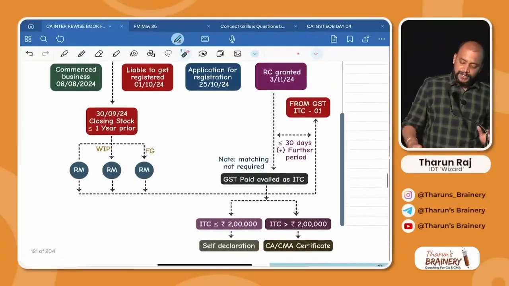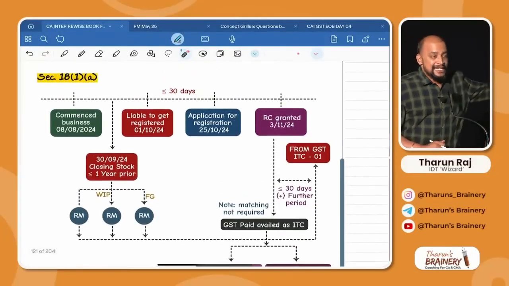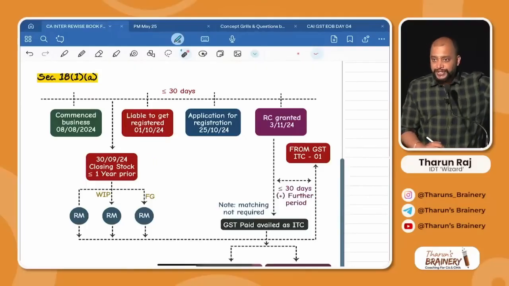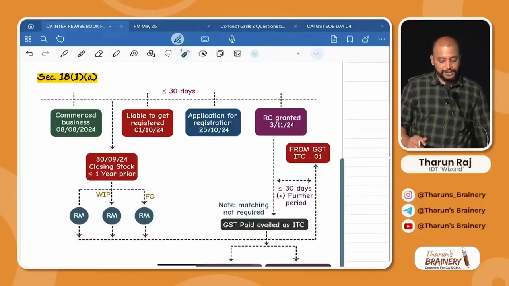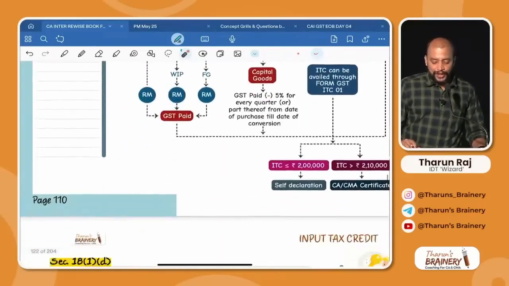Now, from this, what do you need to remember as a provision? When a person is liable to get registered and he makes an application for registration within 30 days, he can avail ITC on inputs as such held in stock, inputs in WIP and inputs contained in finished goods held in stock, as of the day immediately before the date he is liable to get registered.